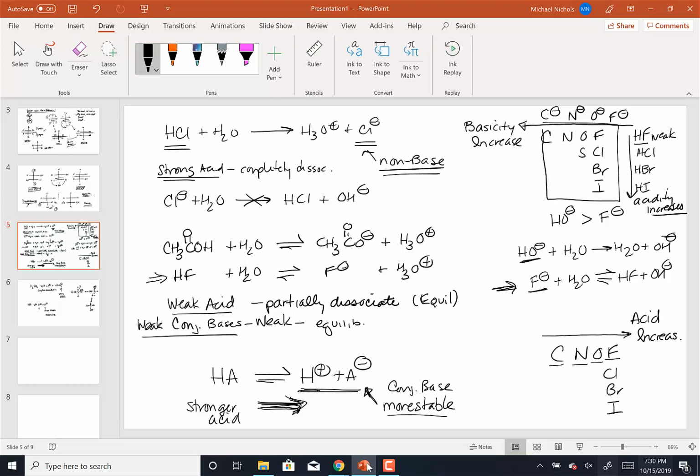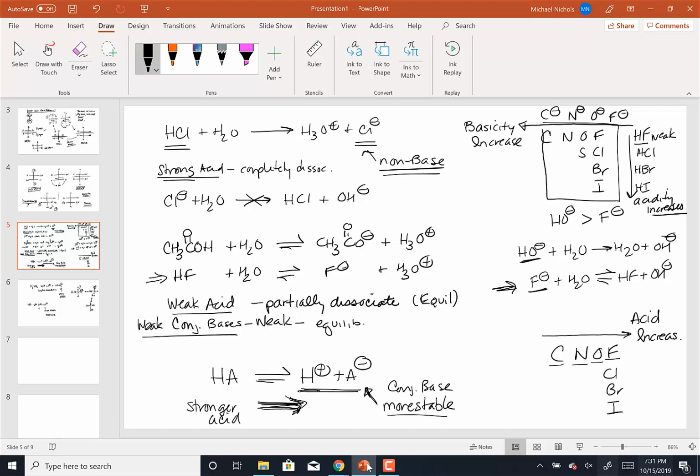HI dissociates more than HBr and more than HCl. But the little white lie in general chemistry is it's 100.00%. So as you go down the periodic table, the acidity increases. HF, then HCl, HBr, and HI. So HI is the stronger acid. HF is the weaker acid.